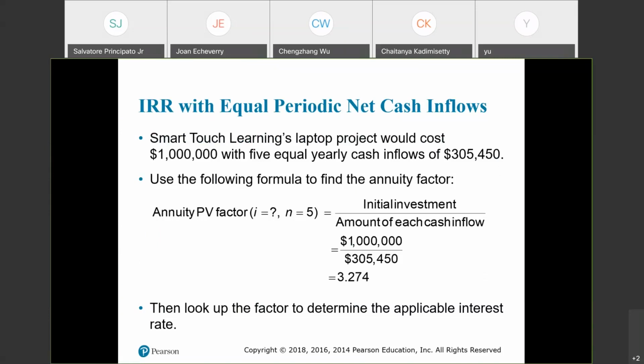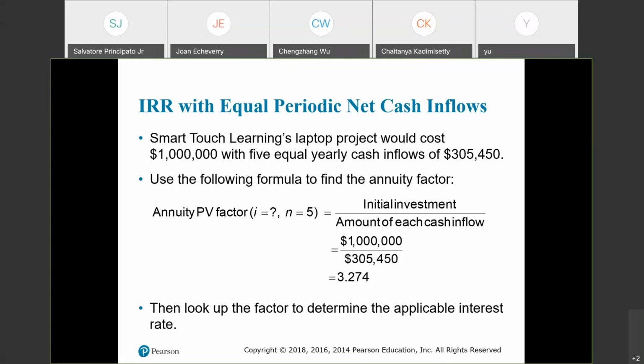But here, we do not know the interest rate. And the interest rate here is the IRR of this project or this investment. Let's take a look at an example.